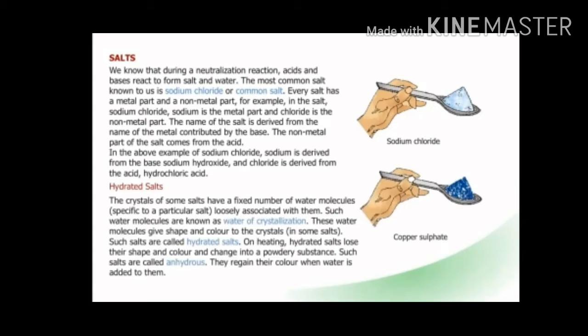When we heat it, the blue color disappears and it becomes colorless, and when we sprinkle some water again over this anhydrous copper sulfate, then it regains its blue color.